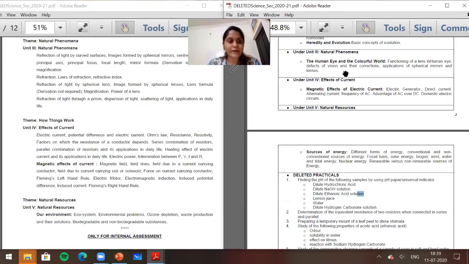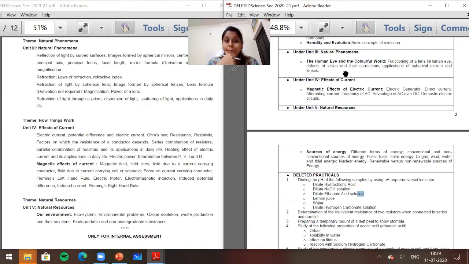Now, effects of current. Okay, electricity chapter, no change. Very important chapter from your 11th, 12th grade, because if you observe your 12th grade syllabus for physics, part 1 is entirely based on electricity and magnetism. 7 to 8 chapters are based on electricity and magnetism, and this electricity chapter and the magnetic effects of electricity chapter are the base, the crux of what we are going to study in 12th grade.